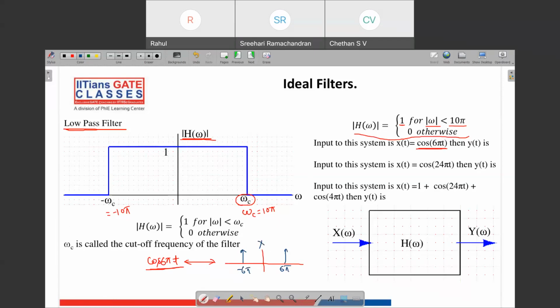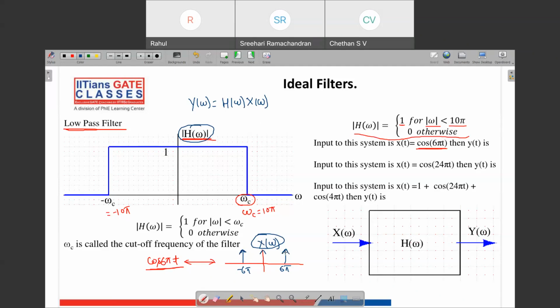This is X of omega, and this is H of omega. We know that Y of omega is equal to X of omega times H of omega. This X of omega is like two impulses located at 6 pi and minus 6 pi.